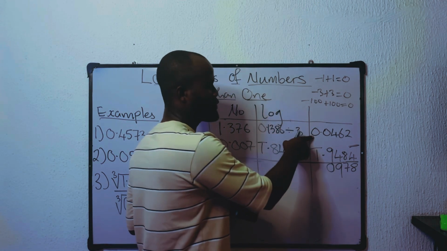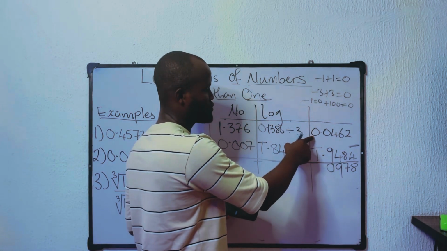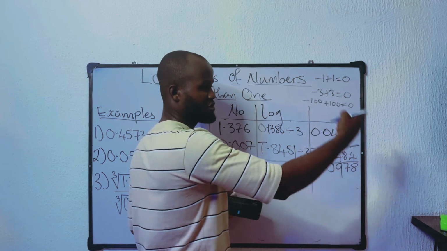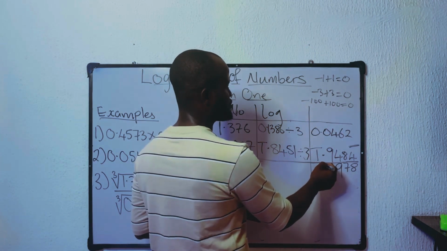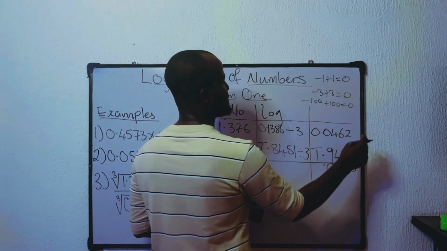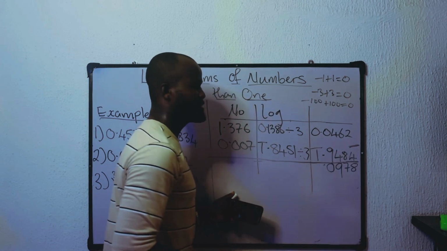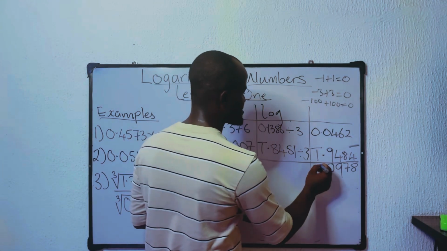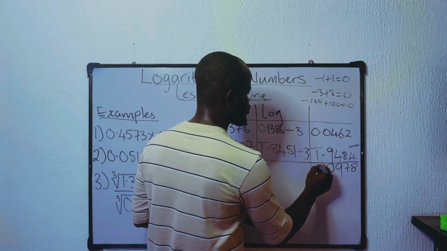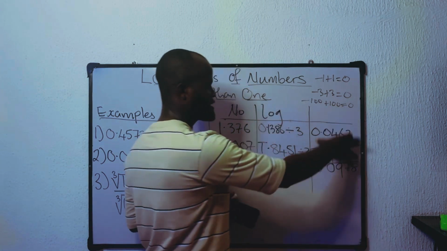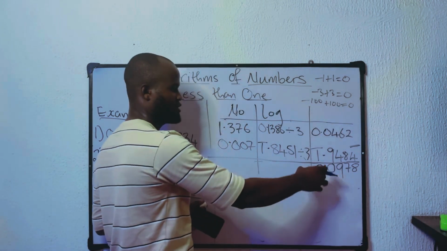And now if you take away 1, we took away 1 from 0. So 0 minus 1 gives us minus 1. Okay? So we now have minus 1 minus minus 1, which means minus 1 plus 1, which is 0. So our final answer here, still in the logarithm section, is 0.